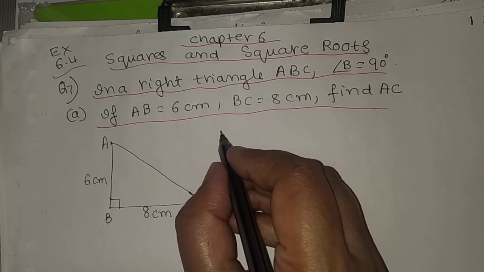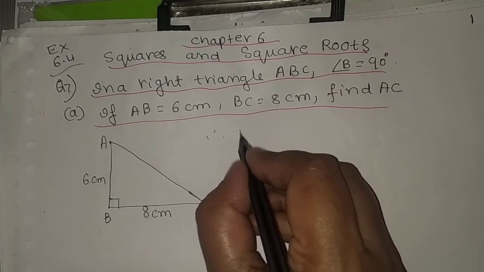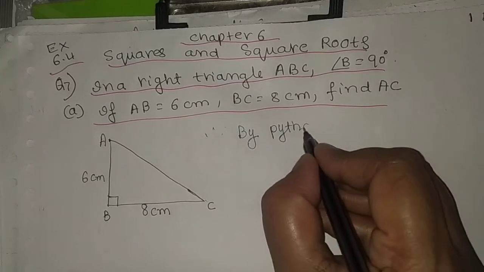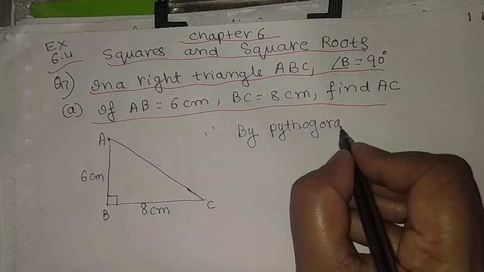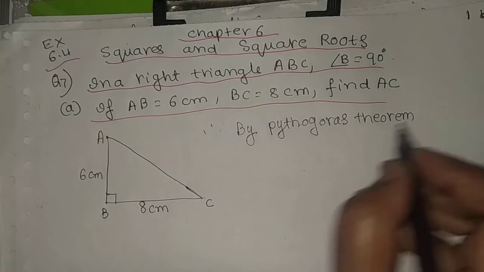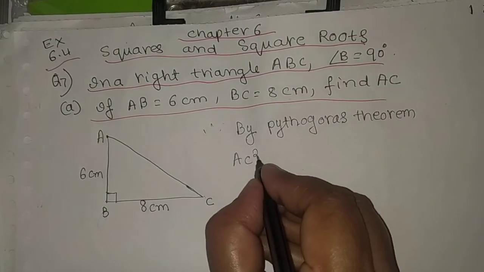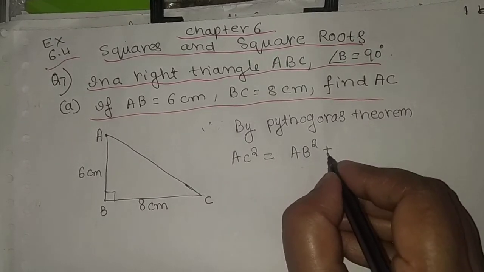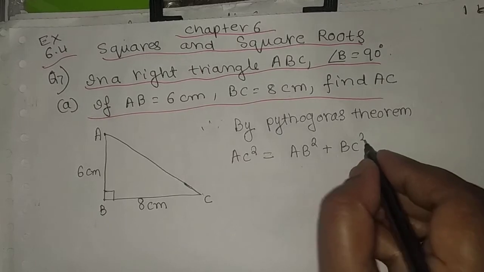B is 90 degrees. Therefore, by the first step, Pythagoras theorem, we can write AC square equals AB square plus BC square.